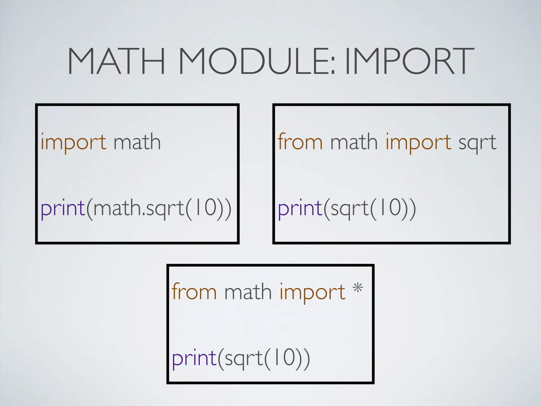That said, the preferred method is going to be this second one. You might think it would be the third one because it's really easy, right? But the preferred method is actually the second one, because the third one imports everything.